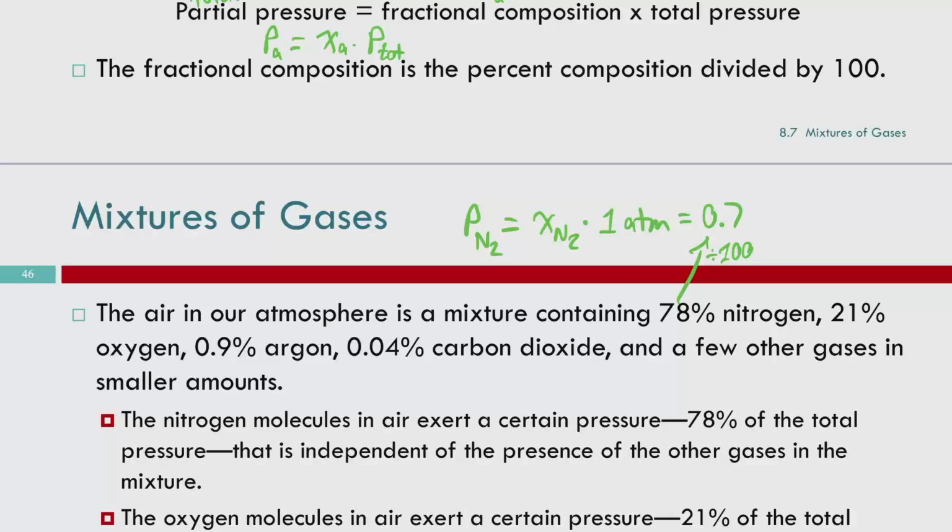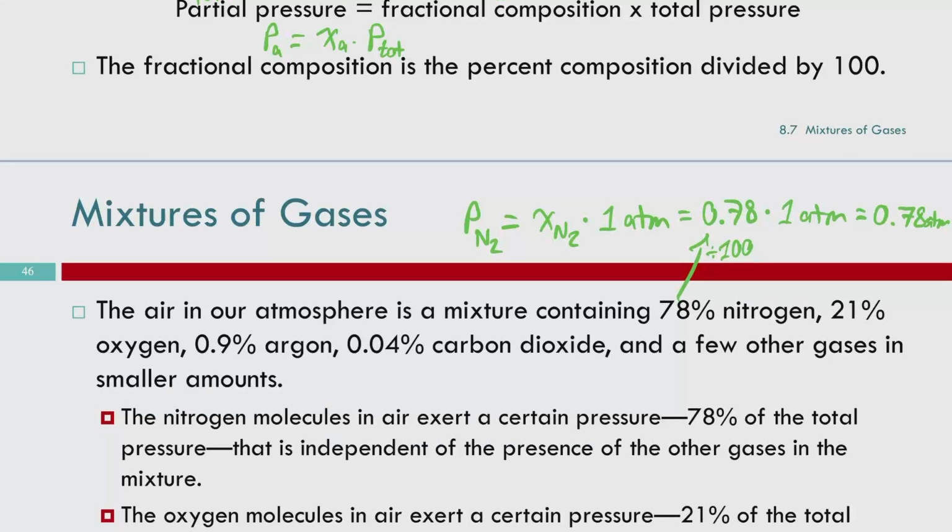So 0.78 times 1 atmosphere. So the partial pressure of nitrogen is about 0.78 atmospheres. If we were at higher elevation, the pressure would be significantly lower than 1 atmosphere, so it would be lower than 0.78 atmospheres, even though the fractional composition doesn't change.